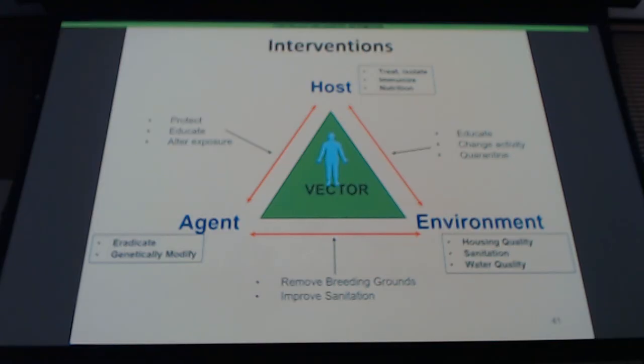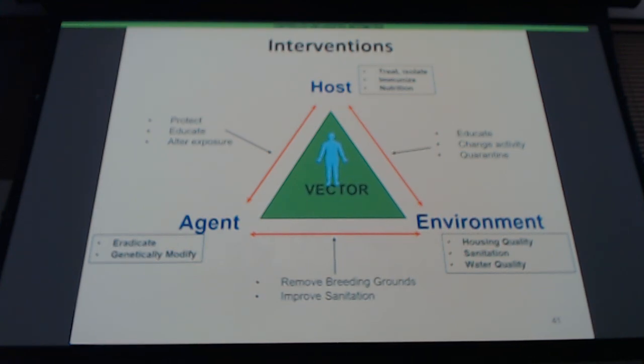So this brings us back to our little triangle here, the epidemiologic triangle. Here, within the triangle now, we still have the agent, the host, and the environment, right? But if you look at each little corner there, it talks about means that public health can do to try to protect the overall population. Okay?